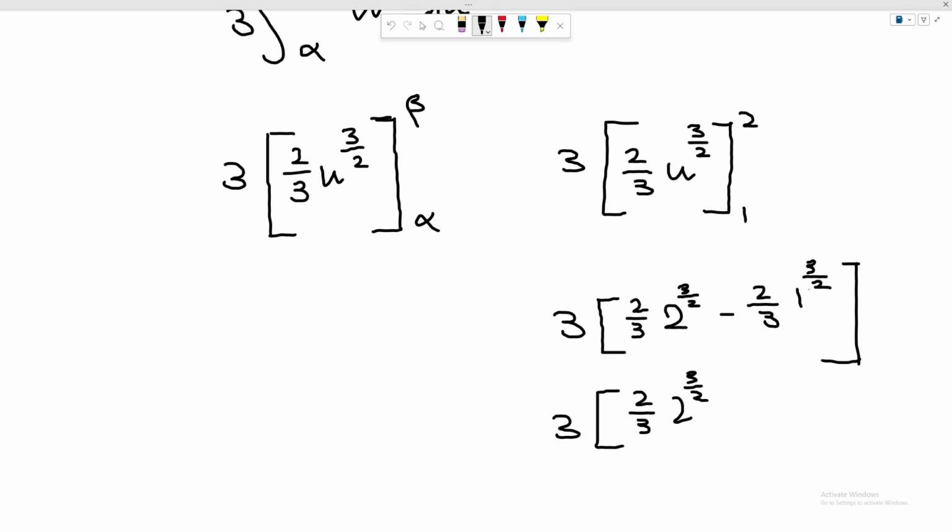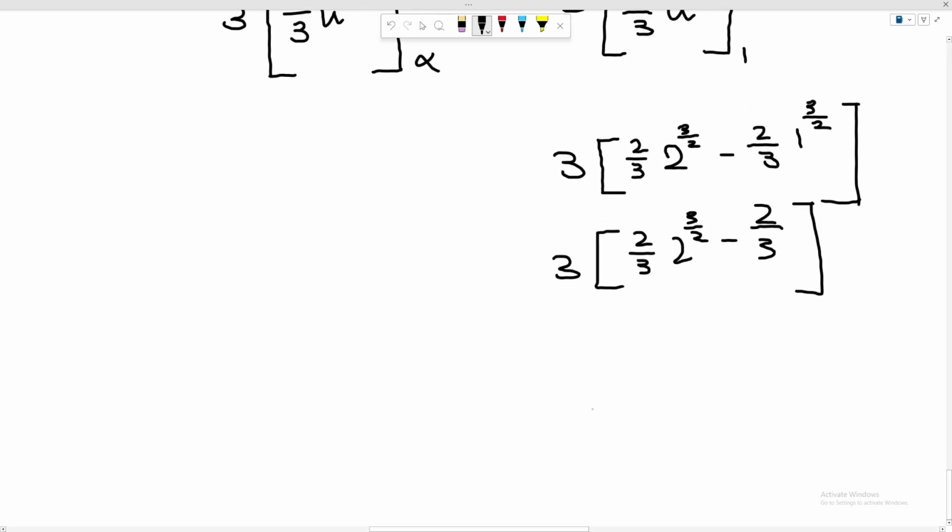But we know 1 to the 3 over 2 is 1, and this is just minus 2 over 3. So I can pop out my calculator, and I'll do 2 to the power of 2 over 3. Or, sorry, that's 3 over 2. 2 to the power of 3 over 2 is some decimal number, so I'm glad I didn't find out. Times 2 over 3. This gives us 1.88 minus 2 over 3.